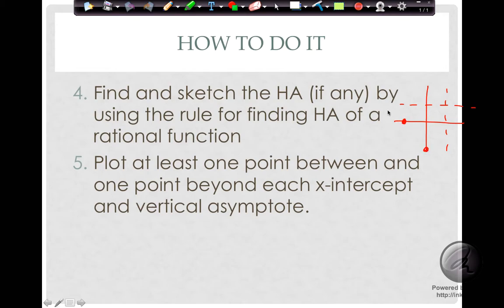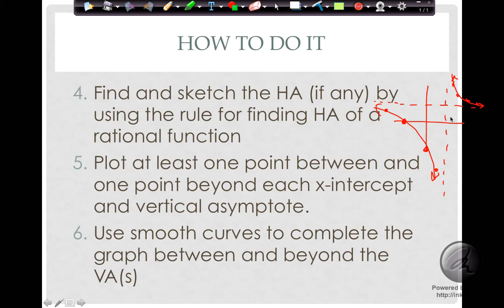So in that last graph that I had on here, I had something that looks like this. I would want to test one. I would want to plug in one more point here and one more point here. And then I need to plug in some points up here to figure out that this graph goes like this forever. Remember, you can't cross your vertical asymptotes. And that would be the last piece there.